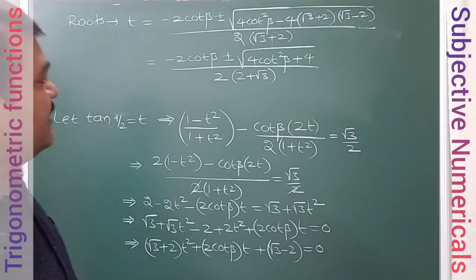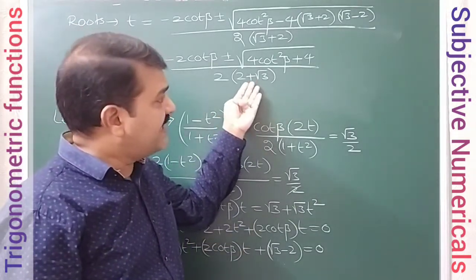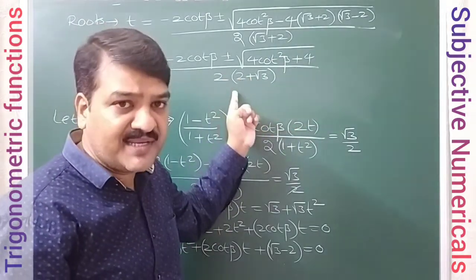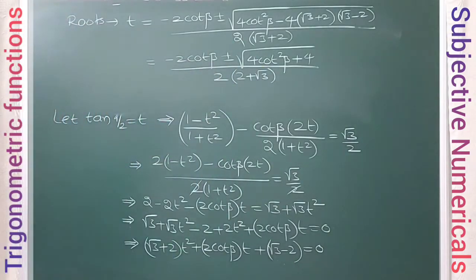Now denominator 2 plus root 3 means denominator is irrational. So let us divide and multiply by its conjugate. So let us rationalize the denominator and simplify the numerator.